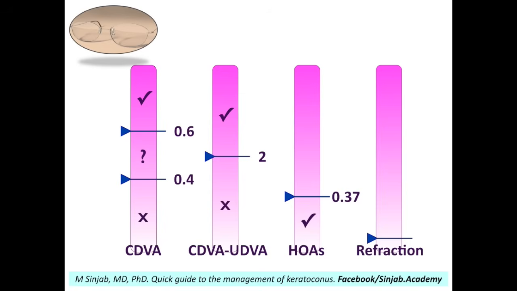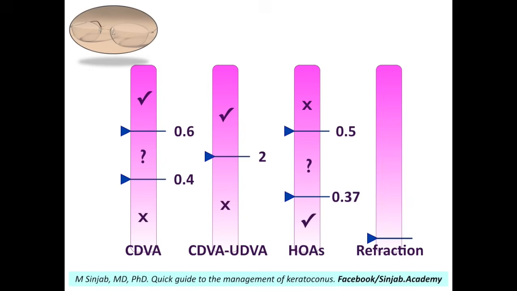Now, high order aberrations, because in keratoconus the main problem is coma and other high order aberrations. When the RMS of the patient is less than 0.37 diopter, using glasses is reasonable.